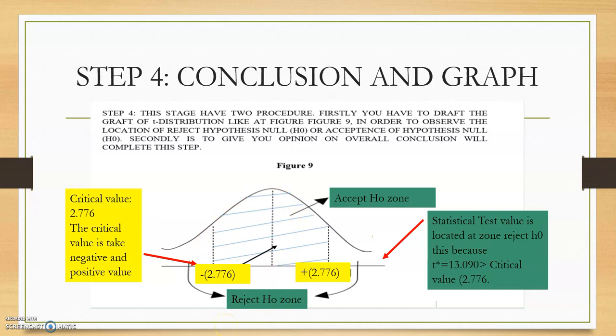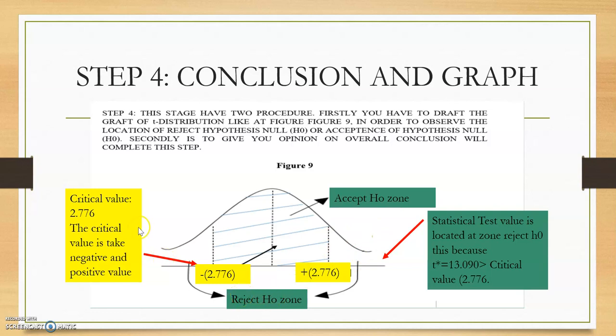Therefore, it takes the negative value and the positive value. The middle zone here is the accept H0 zone, and outside the middle zone, this side and this side, is the reject H0 zone.